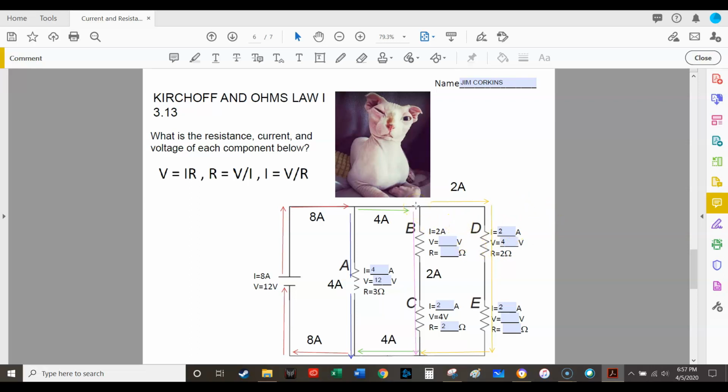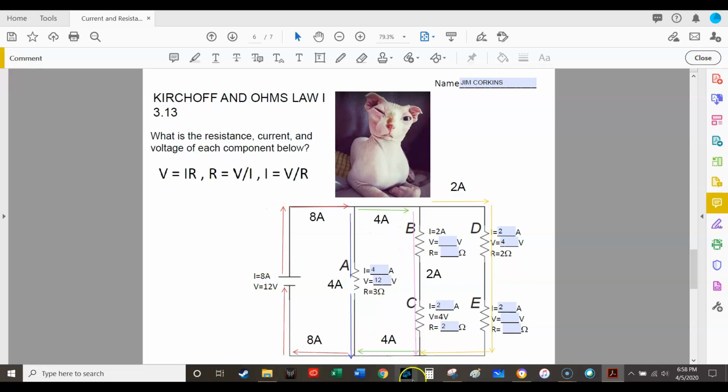Now we could apply the third rule, which is Kirchhoff's loop rule. Well, this loop, which is a big loop, the BC loop, is right there. We could do that as a loop, or we could do this as a loop. Either way, BC is in parallel with the battery. That means this is 12 volts.